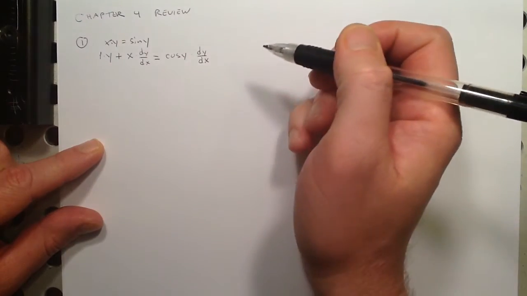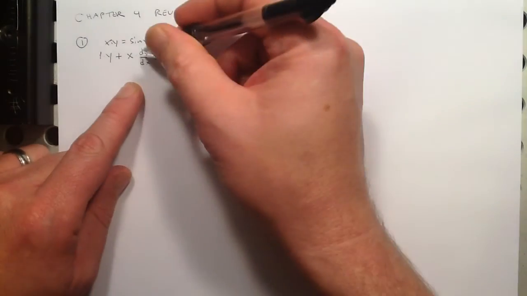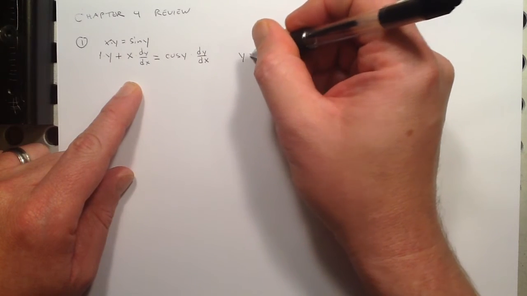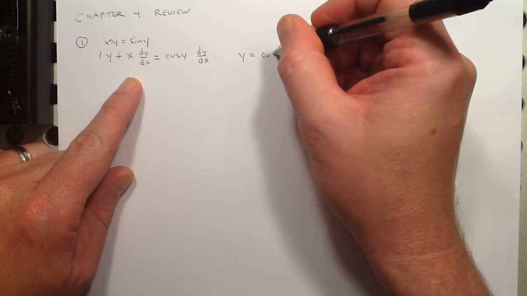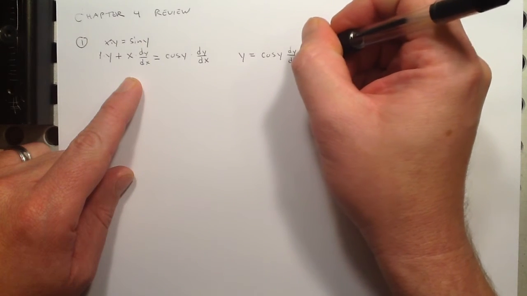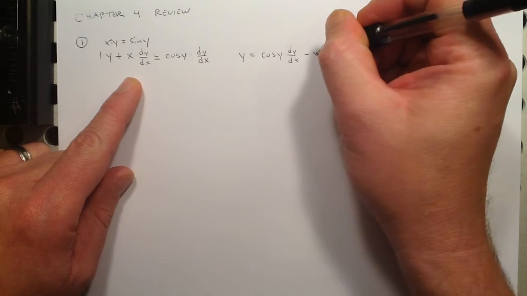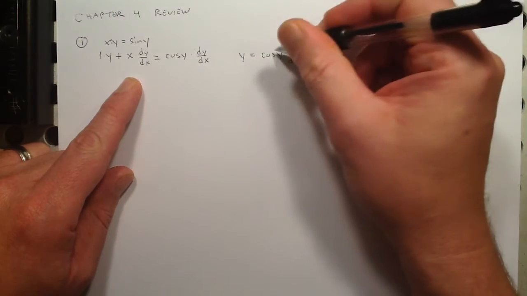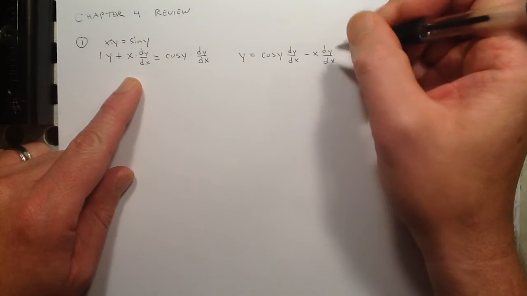And then we just have to do a little bit of algebra to rearrange things here. So I'm going to subtract that over to the other side. And then factor out the dy dx.